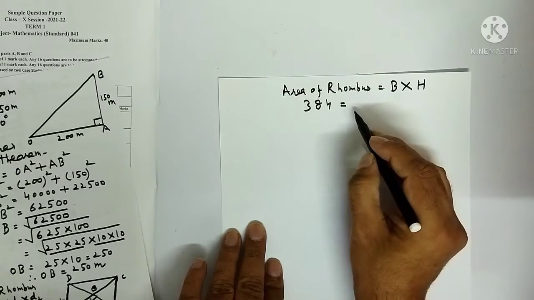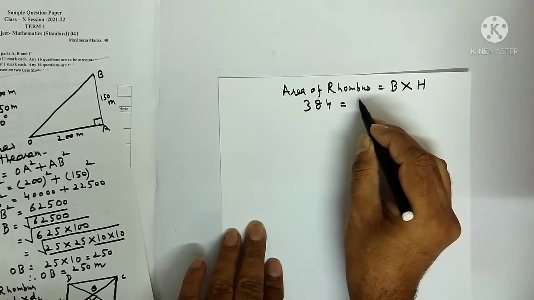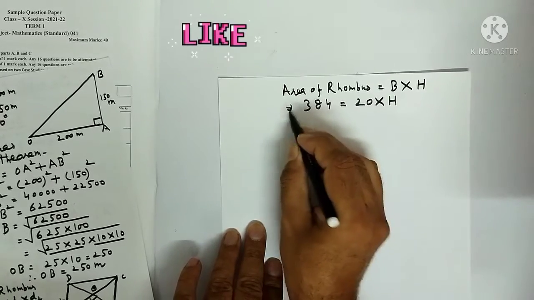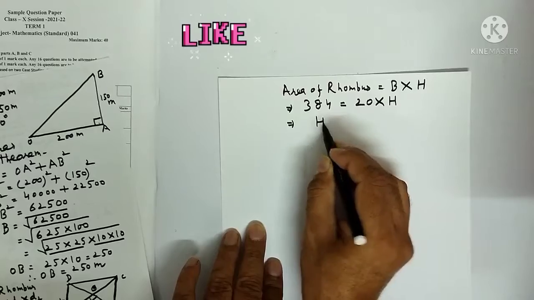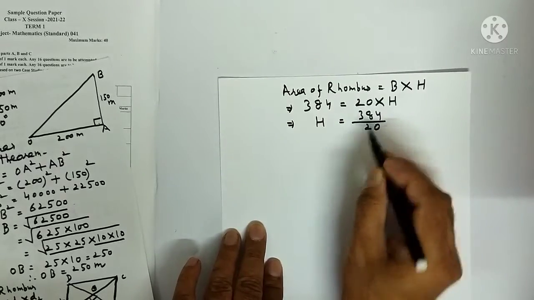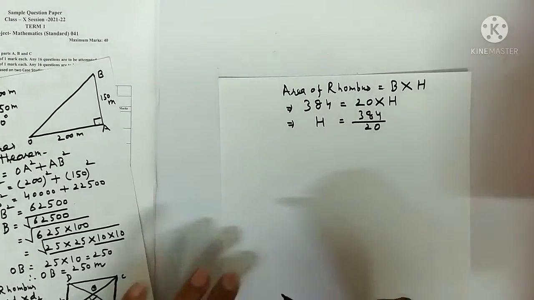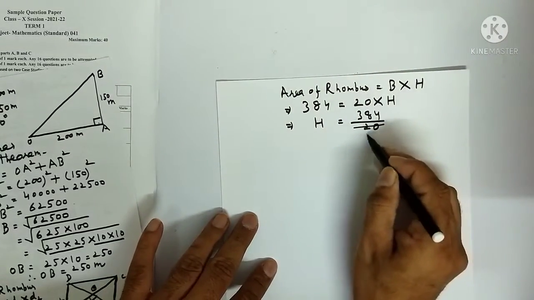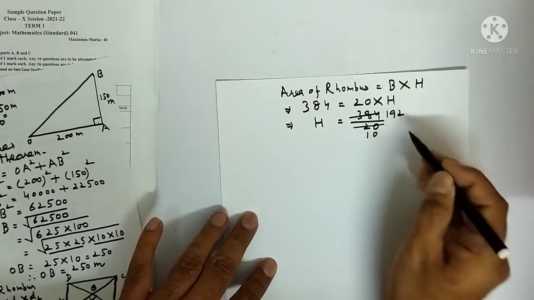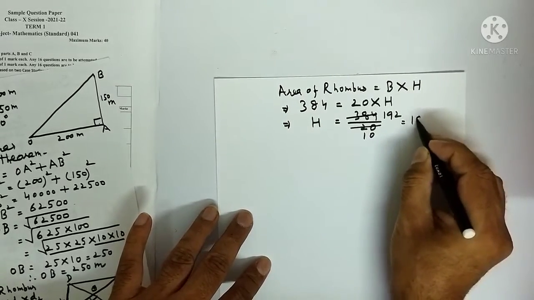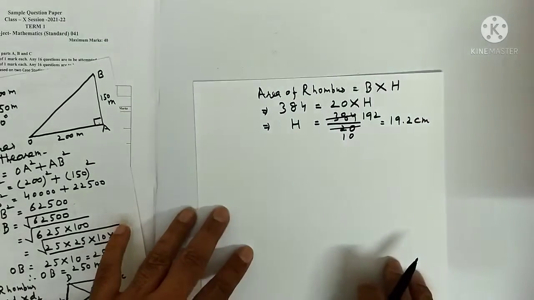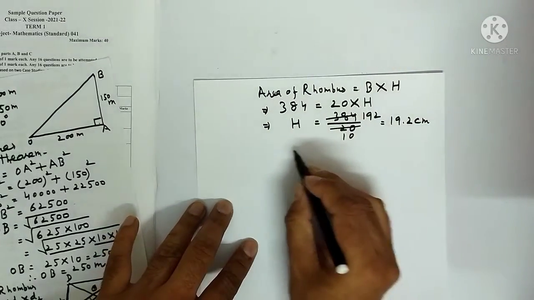Base means the side that you have found, 20, into height, means altitude, is not given. So you can find H is equal to 384 divided by 20. Now you need to do the cutting. 2 1s are 2, 10, 2 9s are 18. And we can put point, 19.2 centimeter. And this 19.2 is the altitude.